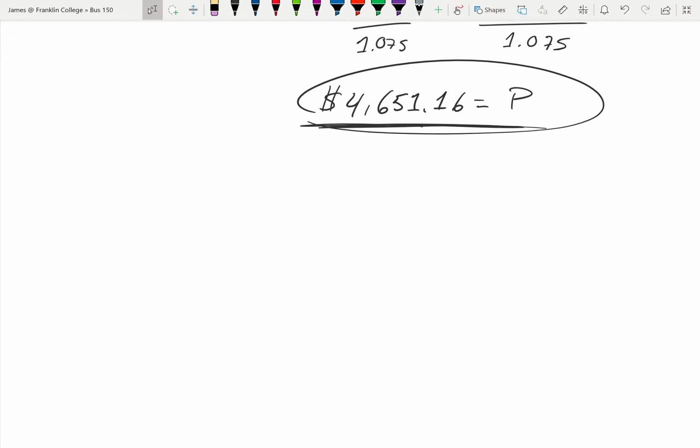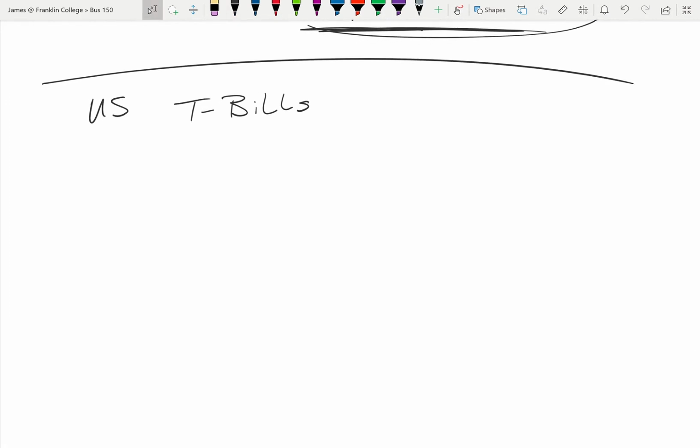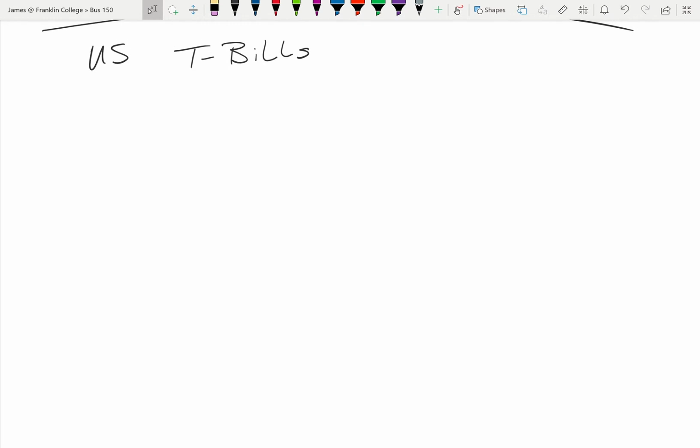$4,651.16. All right, so let's talk about U.S. T-bills. With T-bills, we're going to be loaning the government some money, and we're going to be figuring out some useful aspects of loans to the government.